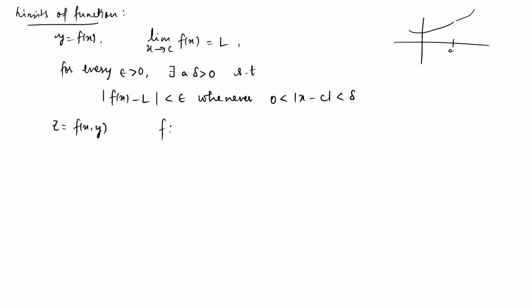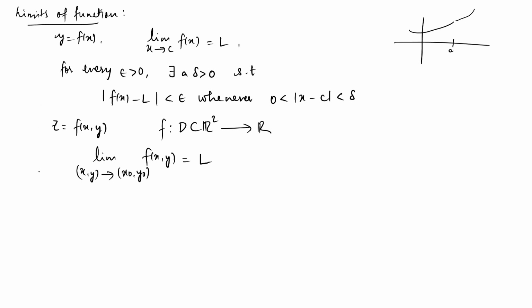This f is a function defined from some domain in R2 to R. When you talk about limit, you will let the point x y approach some point x0 y0 for this function f of x y. It is going to be some value. What is the f value? That will land in the set of real numbers.